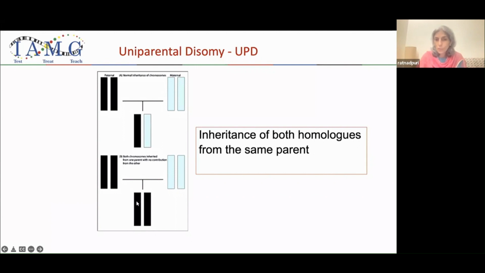However, in some situations, both can come from one parent. In this case, you can see both are from the father. This is referred to as uniparental disomy, that is, inheritance of both homologues from the same parent.